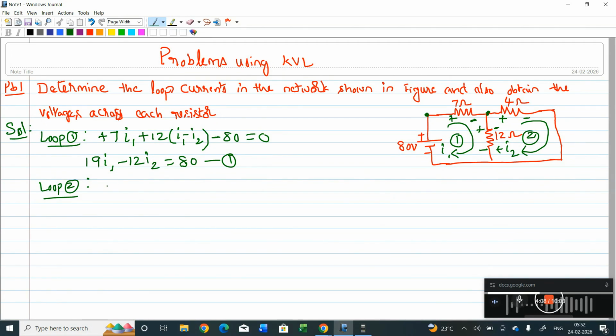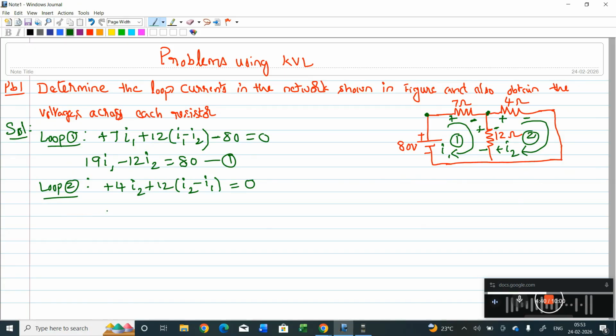If you write the loop equation, the first term is 4 into I2, as the I2 current alone is flowing through the 4 ohms. Next, plus 12 into, as we are writing the equation with reference to I2, that is loop 2, we take I2 as positive. So the current in the 12 ohms is I2 minus its opposing current I1, so I2 minus I1. There are no other terms. So the summation will be equal to 0.